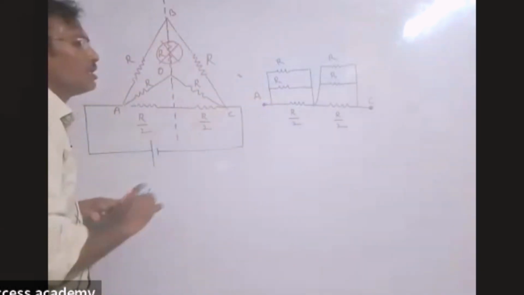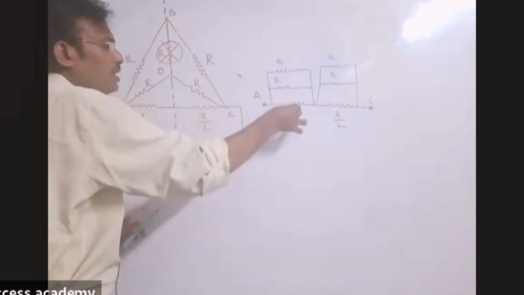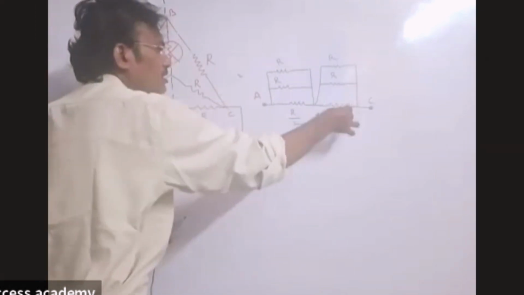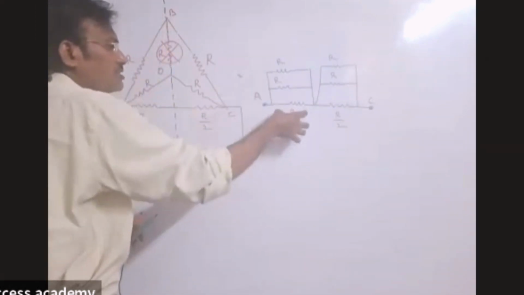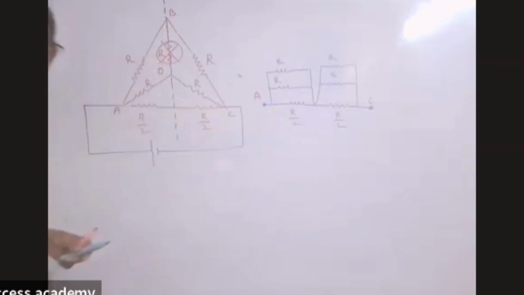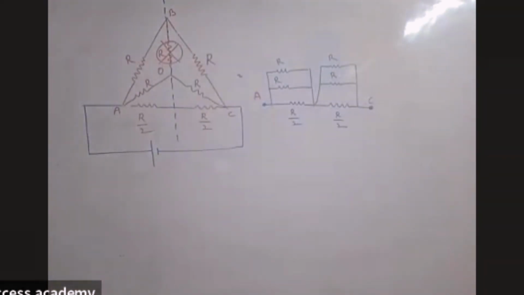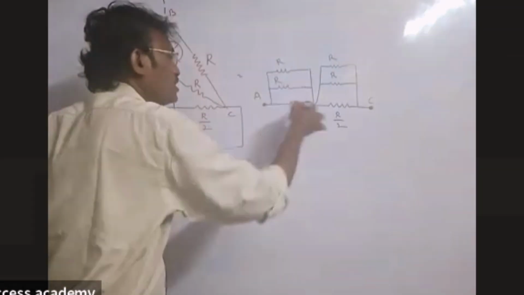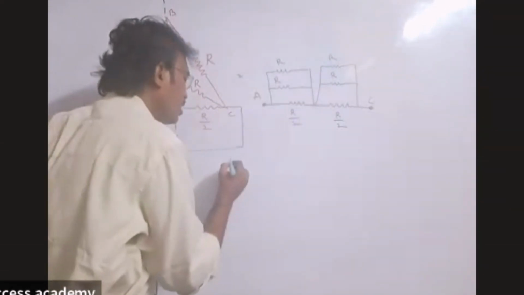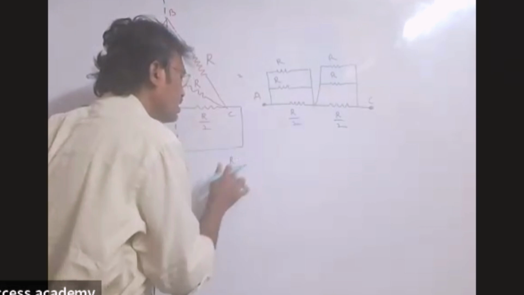It means these three parts are parallel. These three resistors are parallel, and these three resistors again parallel. So now, with that, this part I am considering as R equivalent, otherwise R dash.